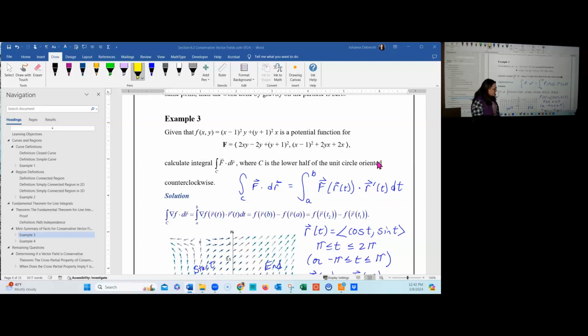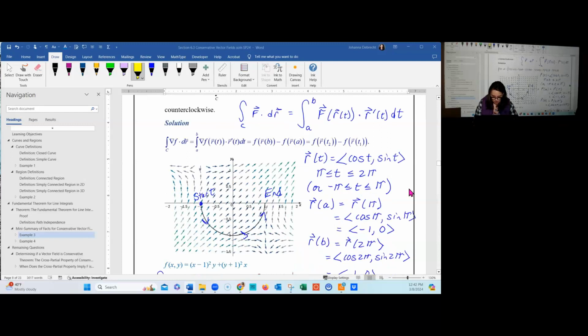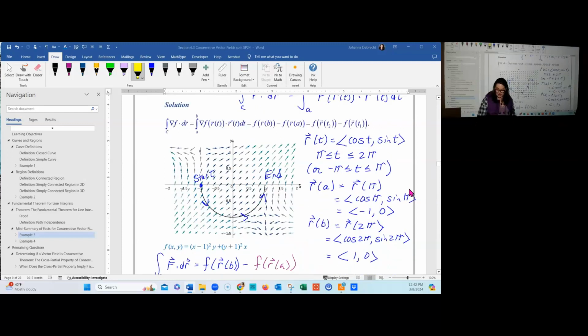Okay, looking at it, we want to evaluate r of a and r of b, where r of a is given by r of pi and r of b is given by r of 2 pi. When we do this, for r of pi, we get cosine pi, sine pi, which gives us the value of the vector as -1, 0.